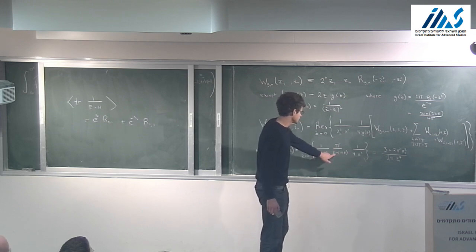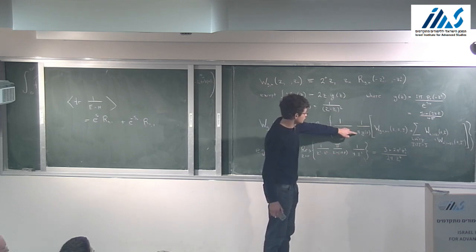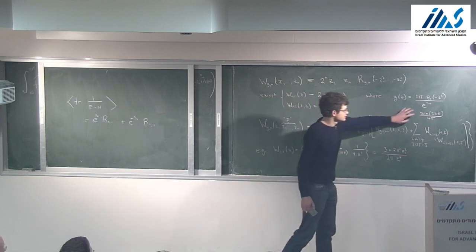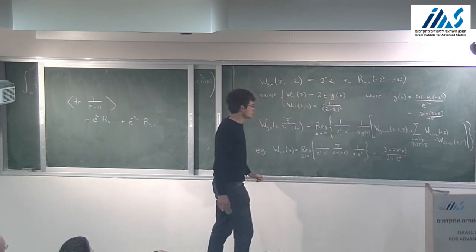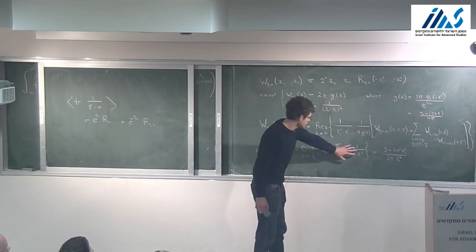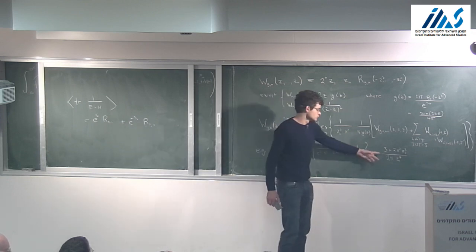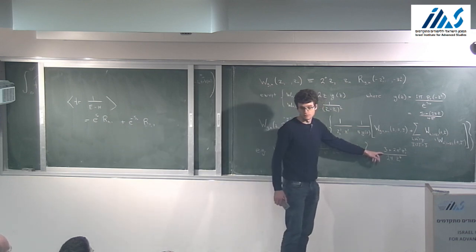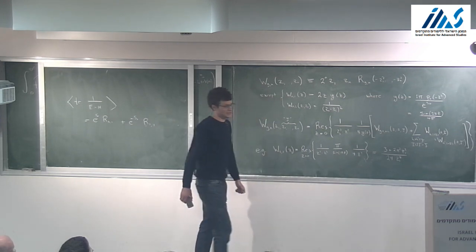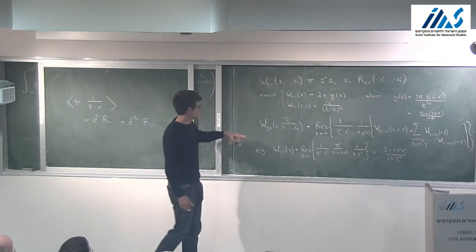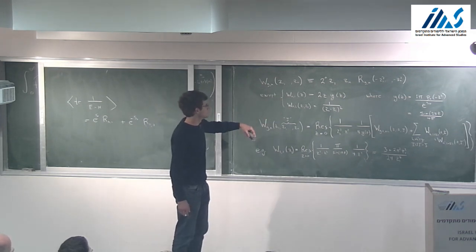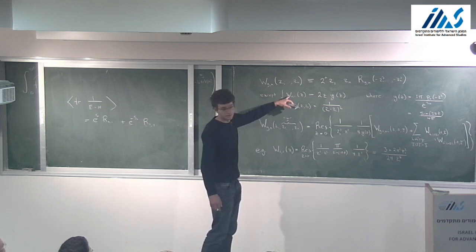The factor pi over sine 2 pi z is this factor, 1 over 4 y of z, and y of z is given here. So if we calculate the residue of this expression, then we get this simple rational function of z1. And in fact, all of these expressions, with the exception of this one, are rational functions of the z's.